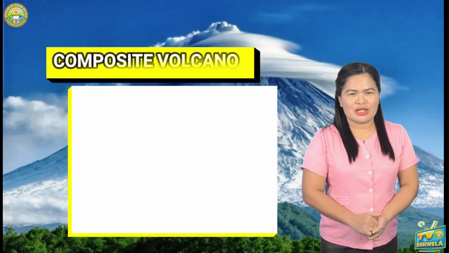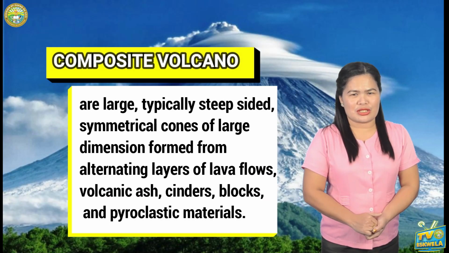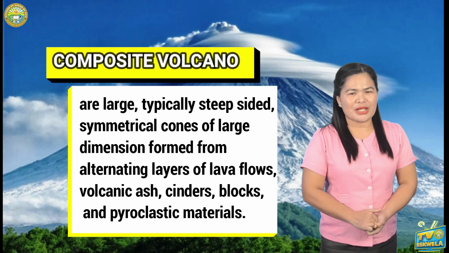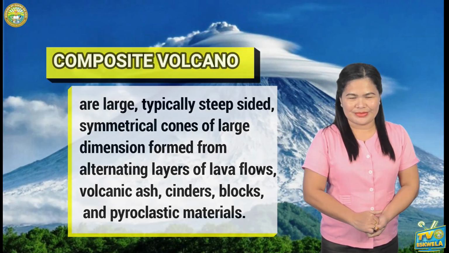Composite volcanoes or stratovolcanoes are large, typically steep-sided, symmetrical cones of large dimension formed from alternating layers of lava flows, volcanic ash, cinders, blocks, and pyroclastic materials.